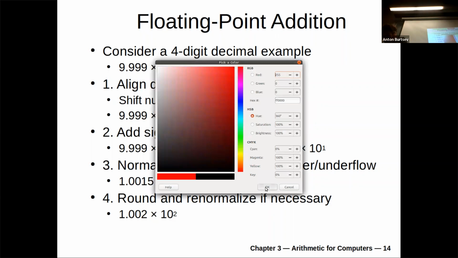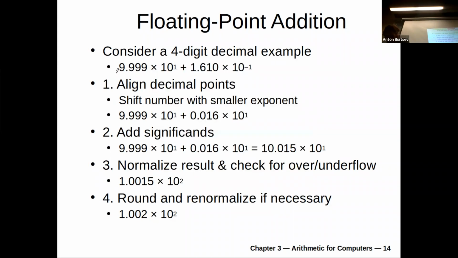If we have two numbers, for example 9.99 times 10 to the power 10, and 1.610 times 10 to the power -1, we first do an alignment, meaning we shift the numbers to the smallest exponent. Both numbers are normalized, but it's easy for us to add numbers which have the same exponent.